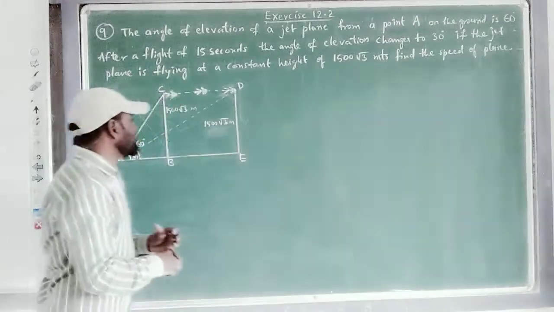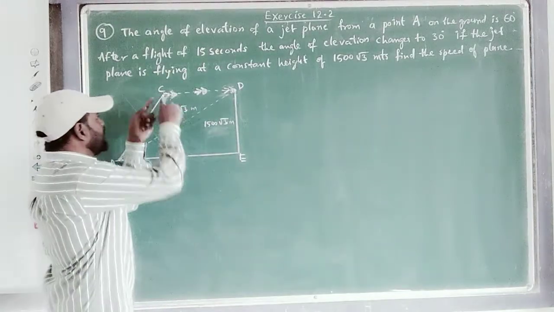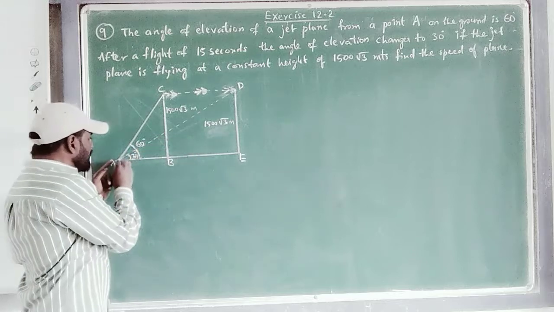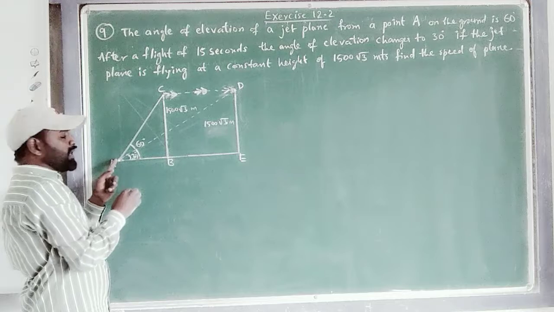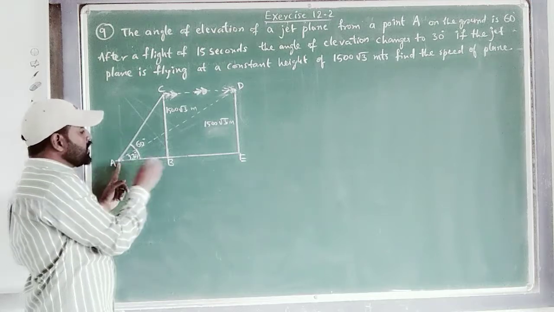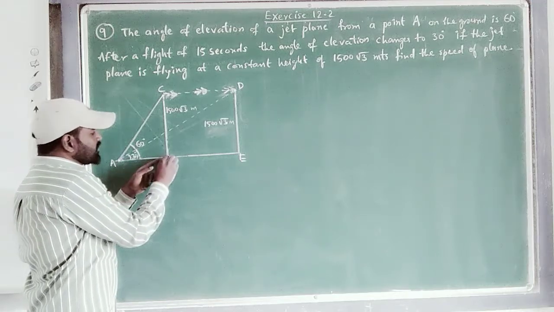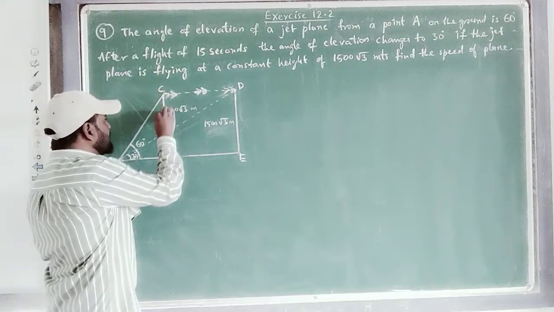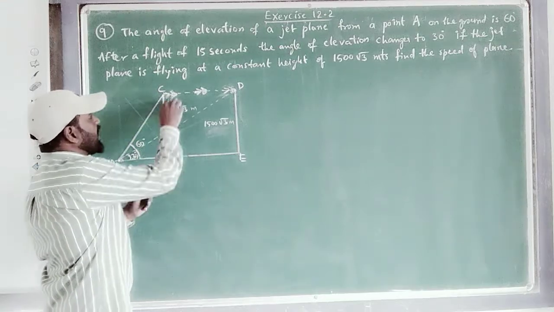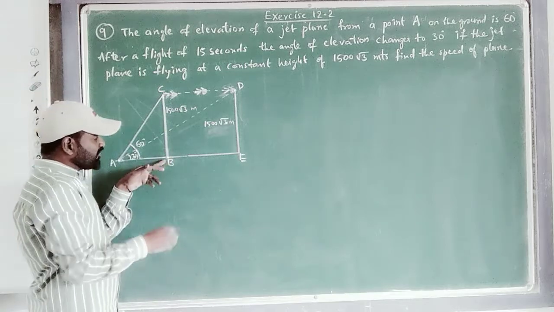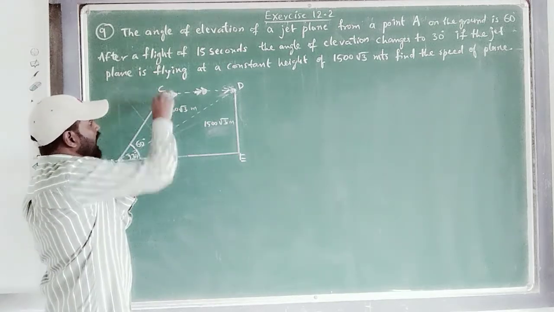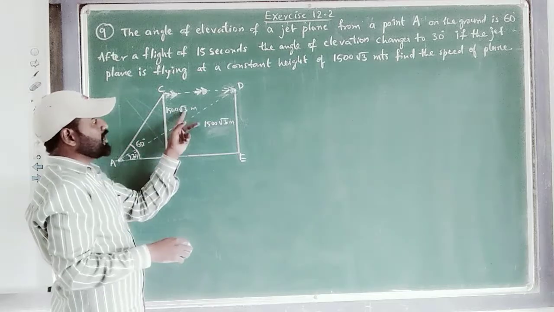So to find the distance, how much distance it traveled from C to D. If you point here on the ground surface, because the observation point is on the ground, it is A. From here, suppose the position of the flight is at C. This is the height of the flight from the ground surface, from B to C. The height is how much? 1503 meters.